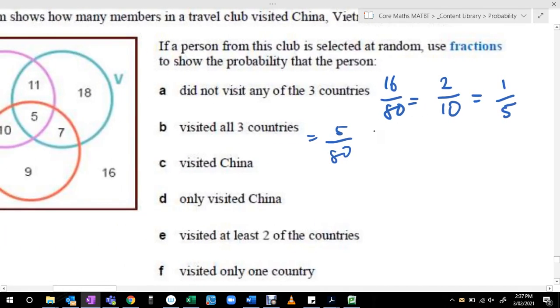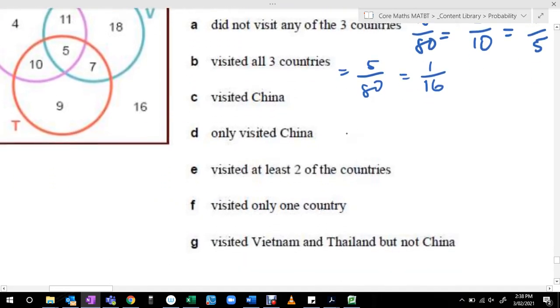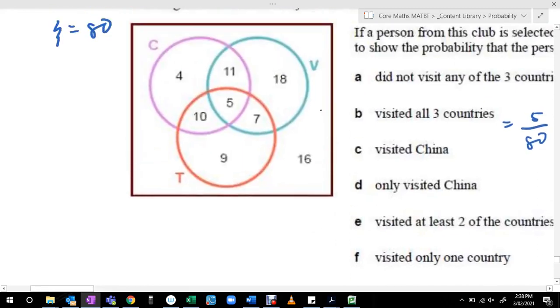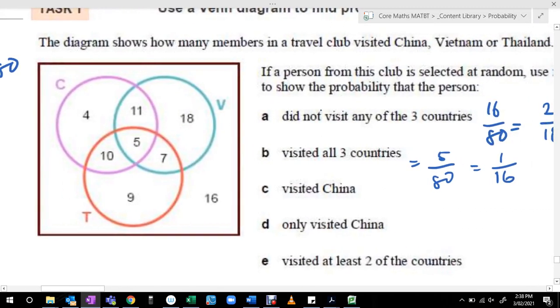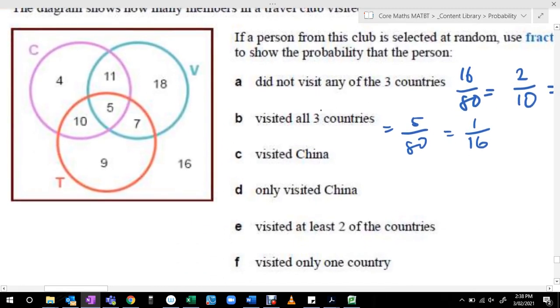Okay, simplified to 1 over 16. Visited China, okay, China I'm assuming is C. Now, that's a trick question. Is it China only or anyone that's visited China at all?